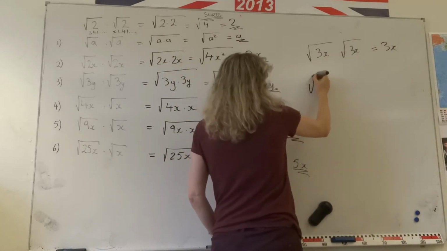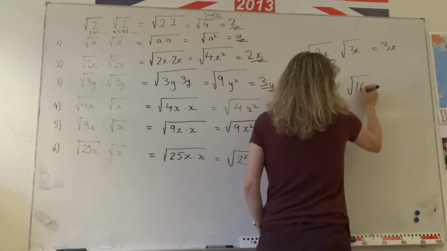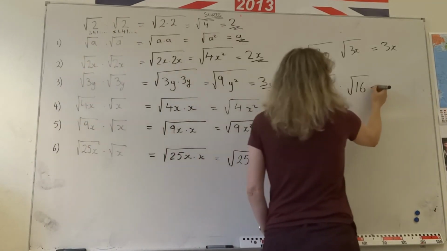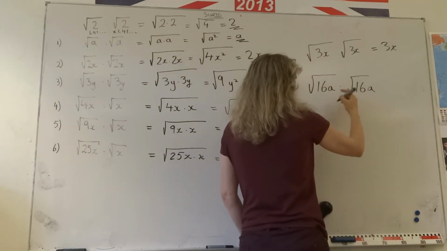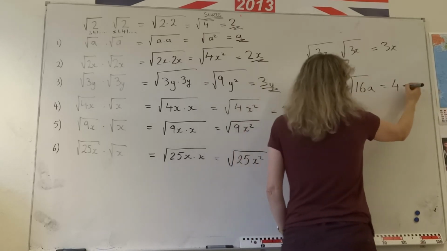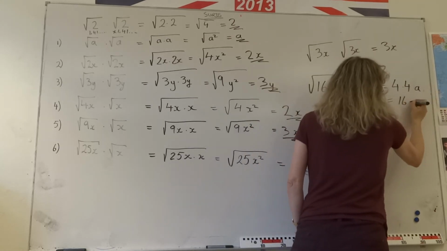The square root of 16a times 16a is going to be, the square root of 16 is 4, the square root of 16 again is 4, times a. So it's going to be 16a.